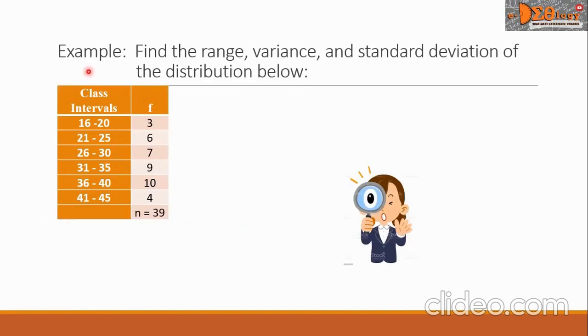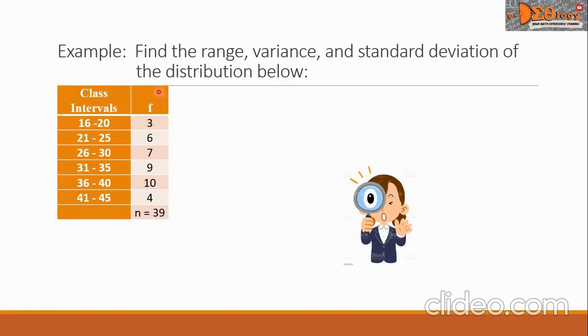Let us see this example. Find the range, variance, and standard deviation of the distribution below. We have here two columns. The first column is the class intervals, and we have 1, 2, 3, 4, 5, 6 classes.